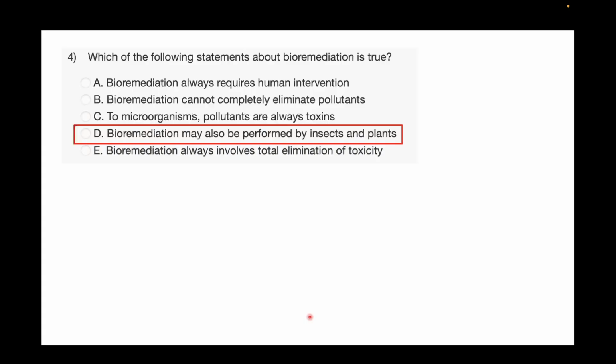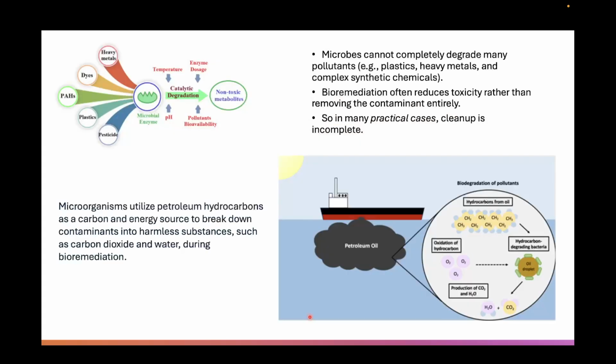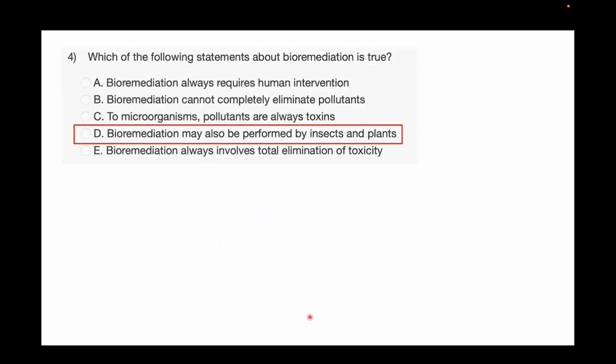So let us understand why D is the correct answer, which is a true statement about bioremediation. So let us understand about the other options. Bioremediation cannot completely eliminate pollutants. Pollutants are always toxins and always requires human intervention.